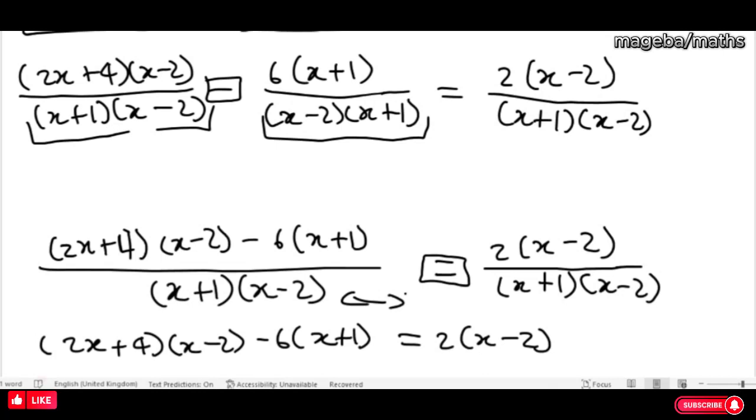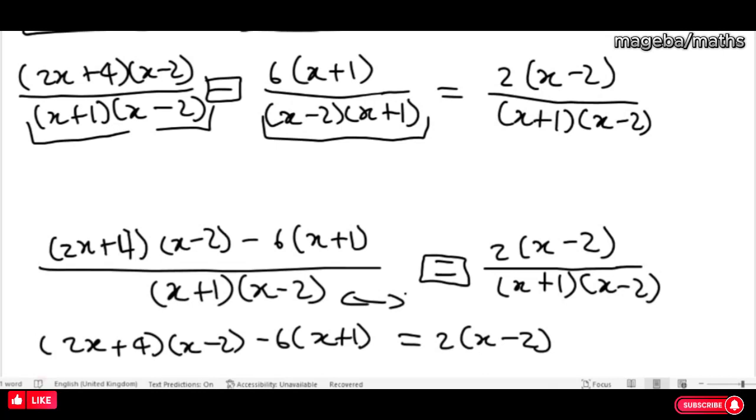Negative 8. Now this negative 6 times this is going to give us a negative 6x. This negative 6 times the positive 1 is going to give us negative 6, equals to 2x, or 2 times x is going to give us a 2x, and then this 2 times this negative 2 is going to give us a negative 4.